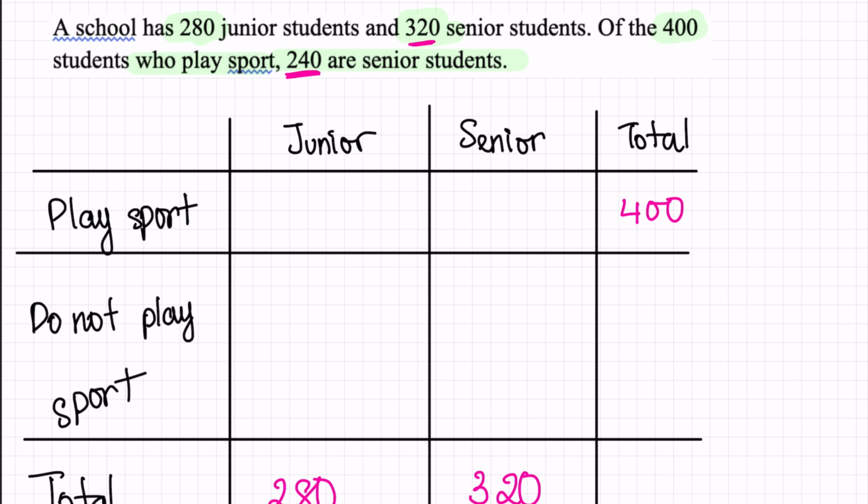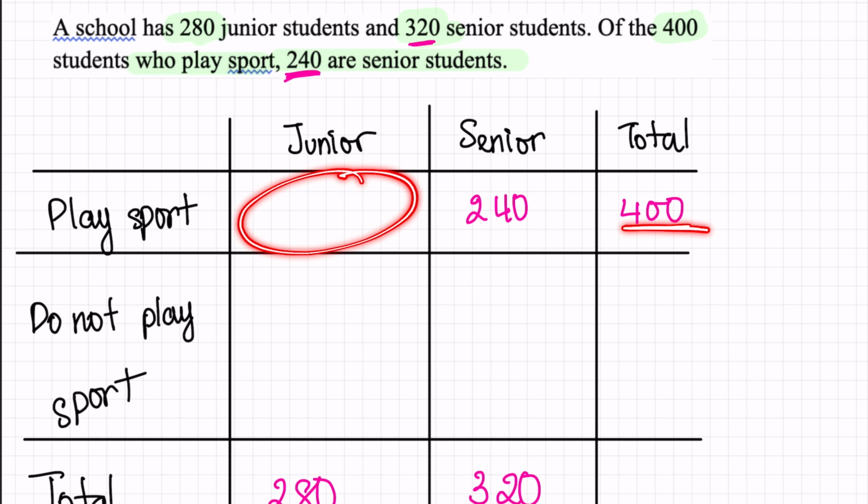So 240 students who are senior. Alright, so I have the number of students who play sport and who are senior, 240 here. So it is easy to find the number of juniors who play sport.